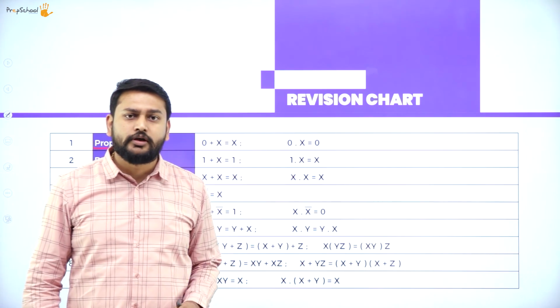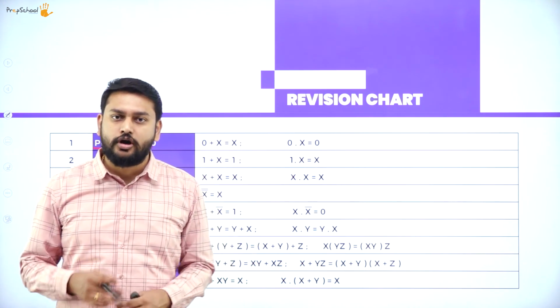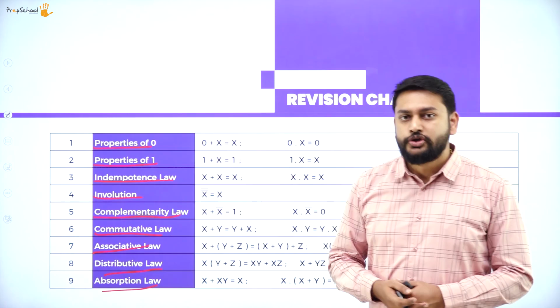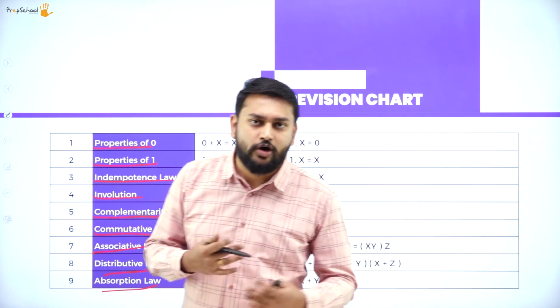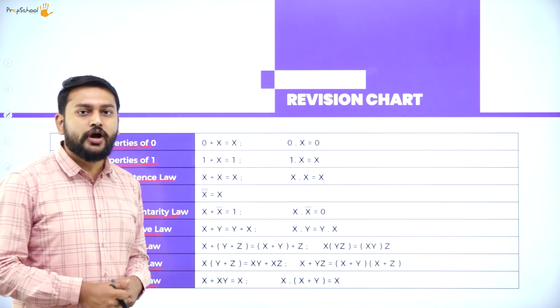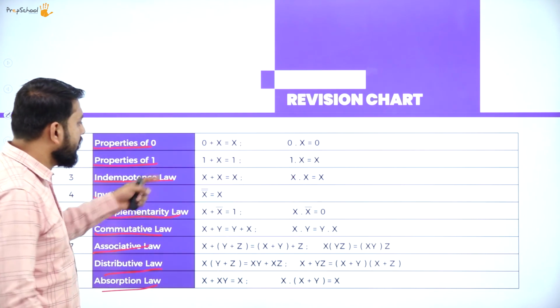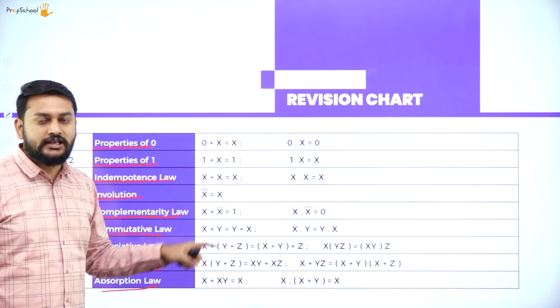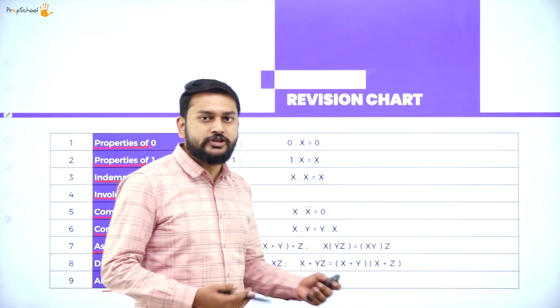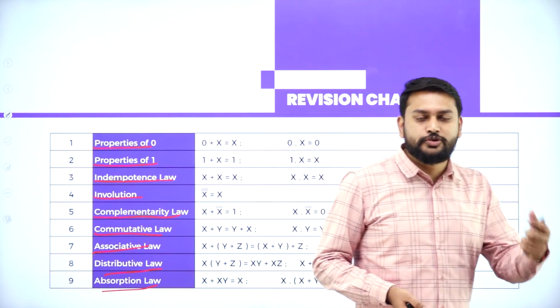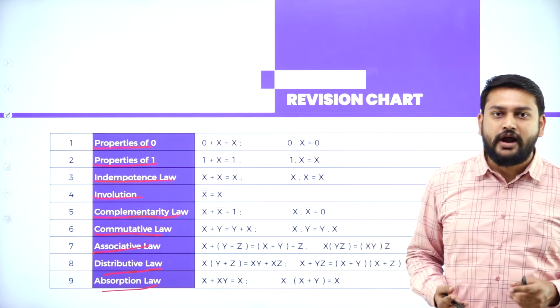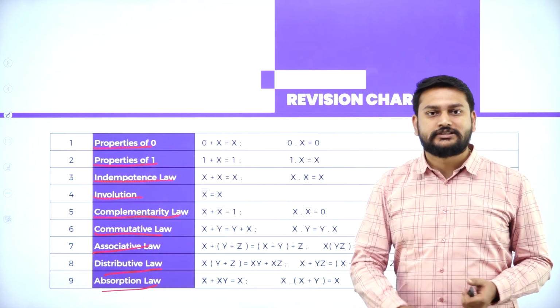It's very important, because without this we cannot solve a lot of equations. Using this, we will be solving a lot of equations in the coming classes. So I want all of you to have this in your mind. If I come across 1 plus x, what is 1 plus x equal to? If I ask, you should be able to tell me it is 1. Like that, you should know all these laws.